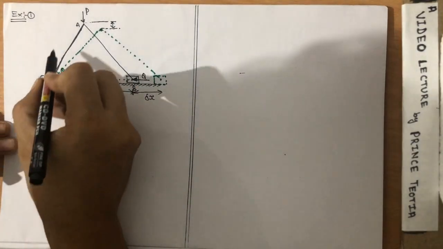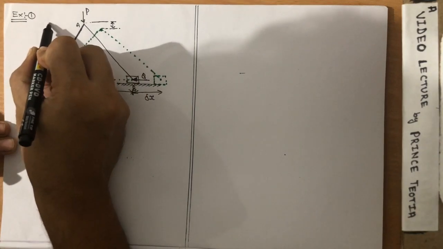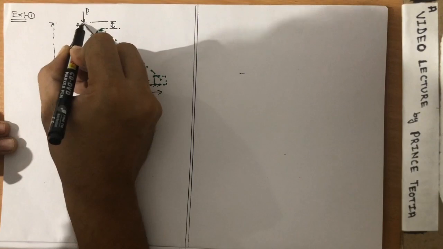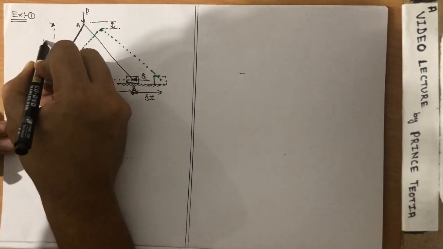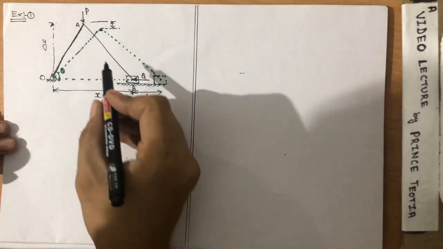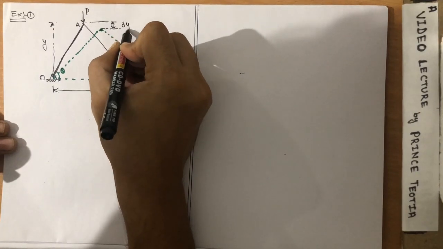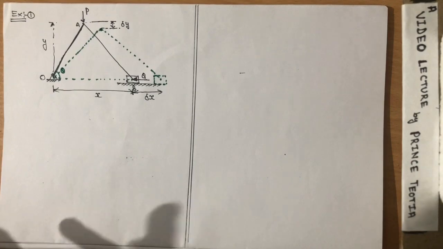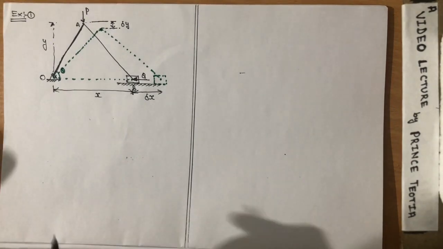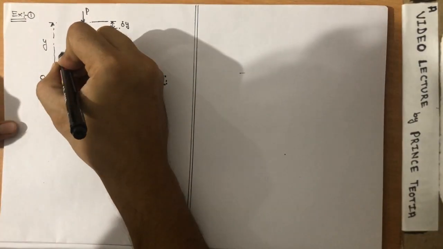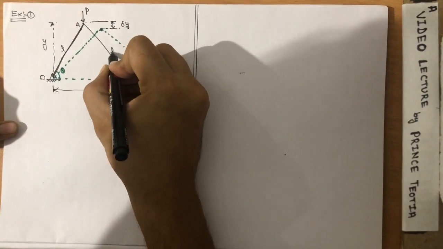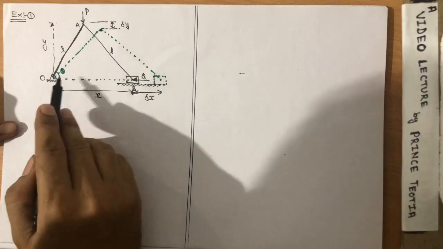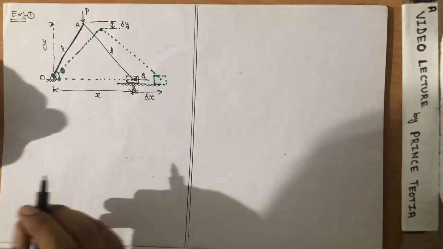Okay, अगर इसको हम assume करते हैं that is y, okay, that is the initial one, that is y, so this will be delta y. Okay, and the length of these bars are given, the length of these two bars are same, L and L. Okay, if both the lengths are same, then this is theta, this is also the theta.